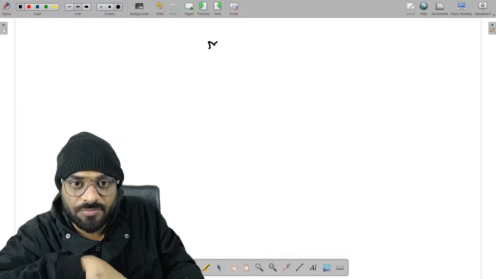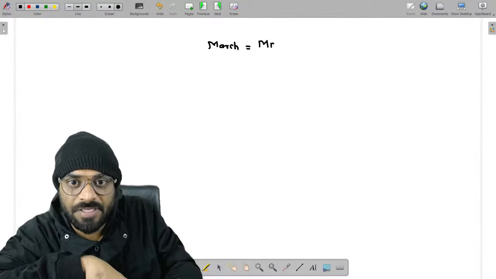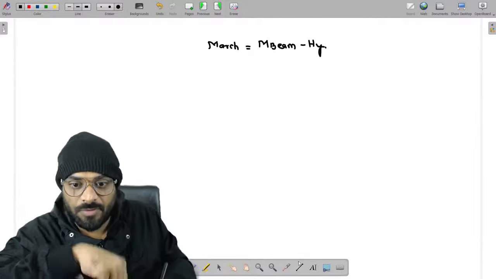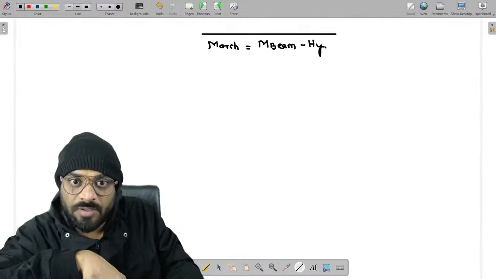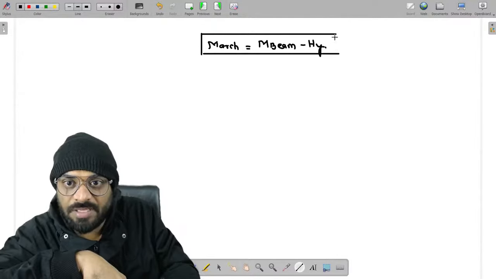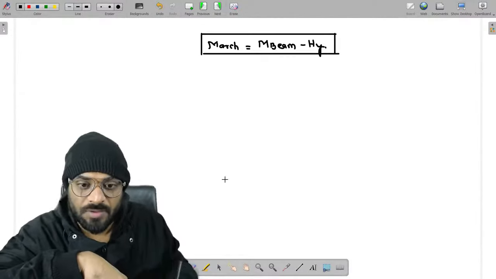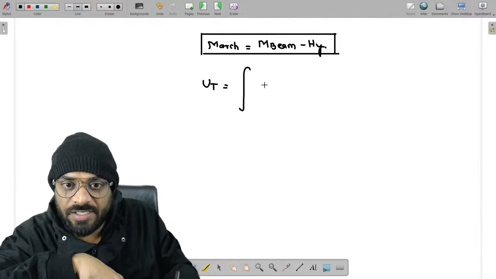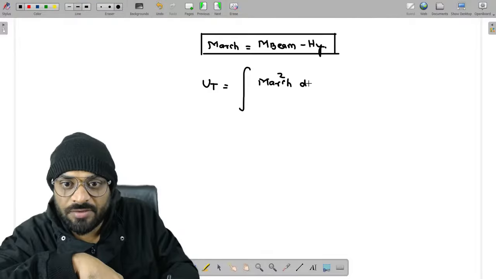Let's write it down. So M arch can be written as M beam minus H into Y. Do you remember this? M arch can be written as M beam minus H into Y. So guys, our total strain energy can be written as integration M arch square ds upon 2EI.